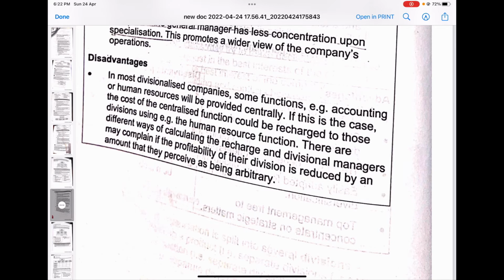If this is the case, the cost of the centralized function could be recharged to those divisions using the human resource function. There are different ways of calculating the recharge, and the divisional managers may complain if the profitability of their division is reduced. So this also I told you, that there might be centralized costs. So if one has a profit and the other has a loss, then it's very difficult to allocate. It's kind of unfair at times. So that is a problem.